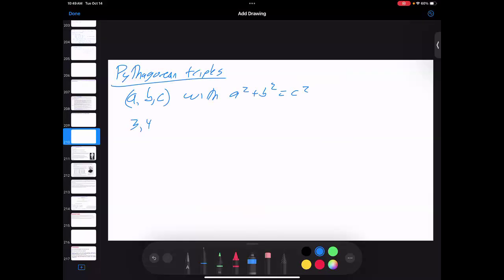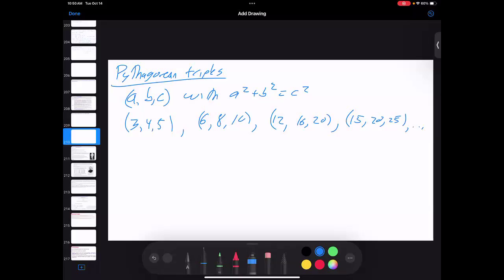There are infinitely many. 3, 4, 5, 6, 8, 10, 12, 15, 20, 15, 20, 25. I can generate many. Are you impressed about the infinitely many that I'm generating? No, because they're really all the same triple. I'm just changing my scale.